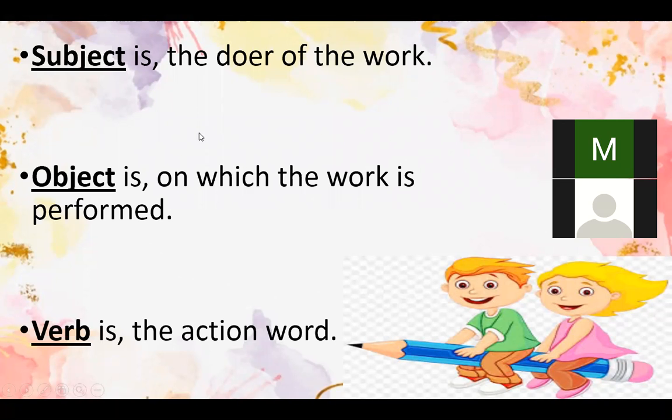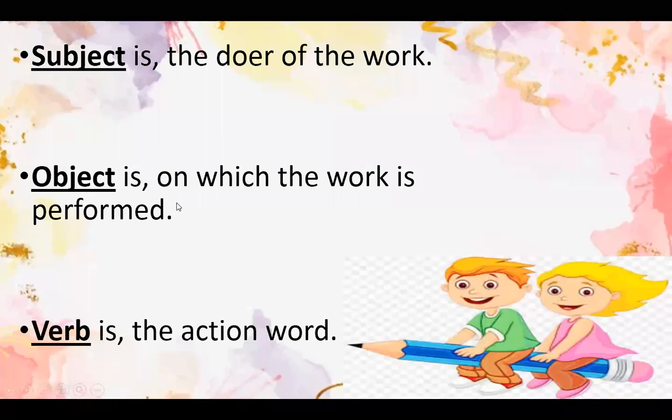Here, cow is the subject because we are talking about cow. If I say Sarah is writing a letter, what is subject here? Sarah, because we are talking about Sarah in the sentence. So subject is the doer of the work.